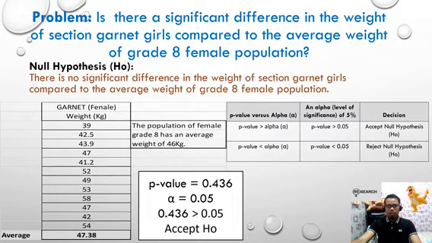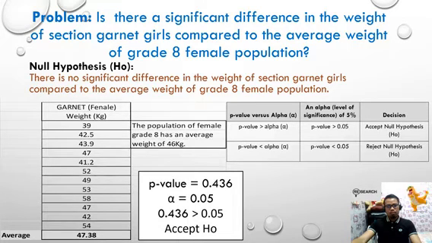If the p-value is greater than 0.05, accept the null hypothesis. If the p-value is less than 0.05, reject the null hypothesis. Since the p-value 0.436 is greater than the alpha or level of significance, which is 0.05, then we accept the null hypothesis.